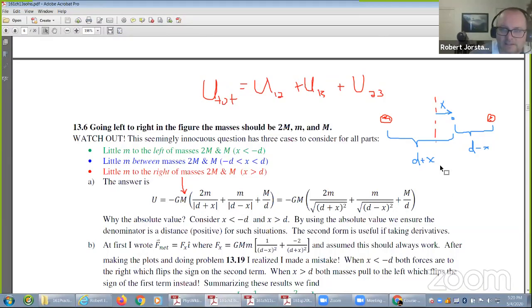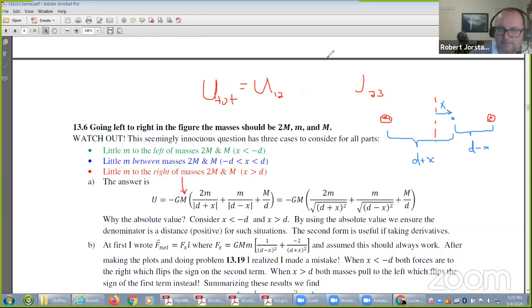Let's think about this. This is the kind of stuff that shows up. If x is negative, if I was over here, this would be x less than 0, right? If I do d minus a negative number, it's going to give me this huge thing here.